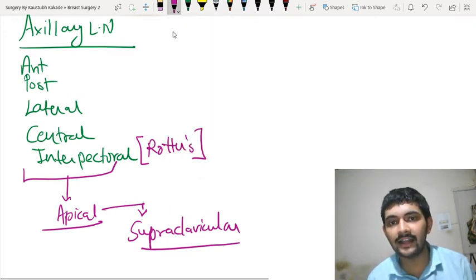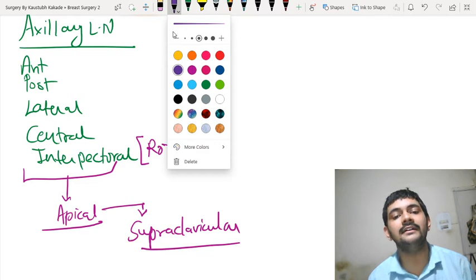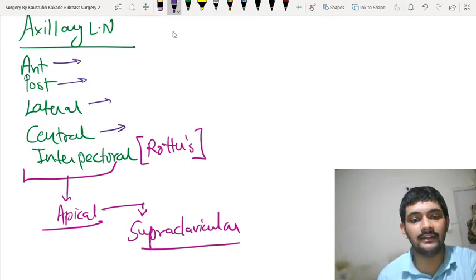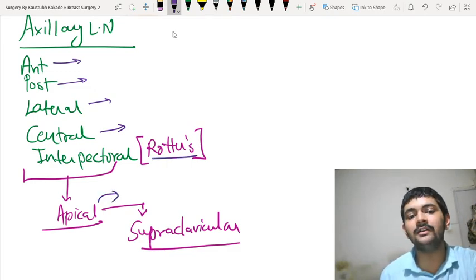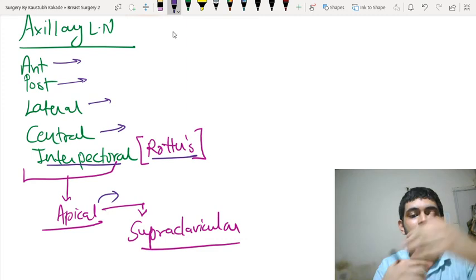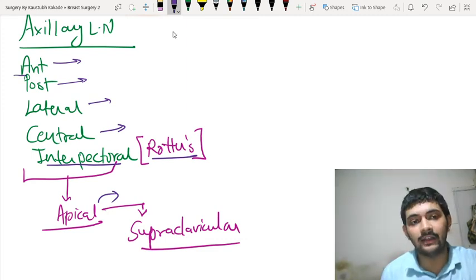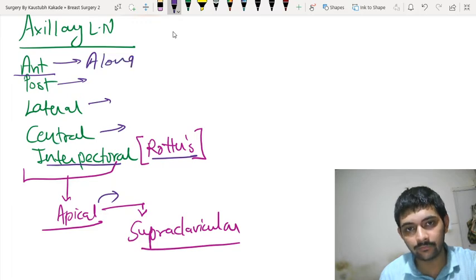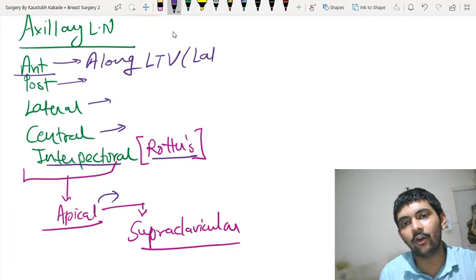Now, as I said earlier, every lymph node group is related to a specific vein. Interpectoral is related to the muscles. What is the relation? The anterior group is along the lateral thoracic vein.